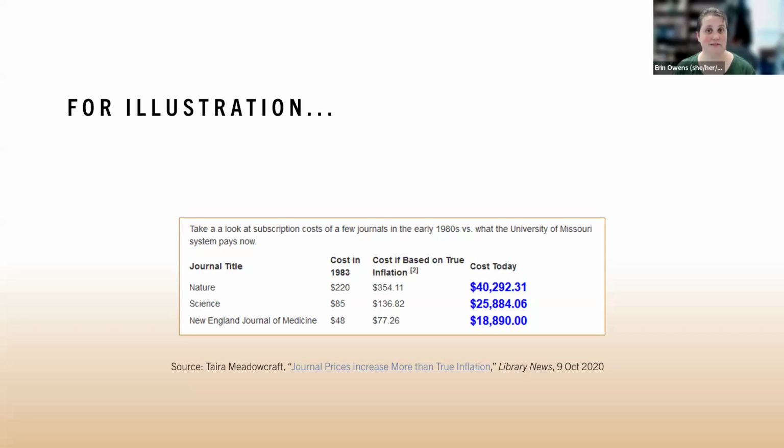While we might expect a subscription to have increased to $136 based on inflation, in reality, it costs more than $25,000 in the University of Missouri's system in particular. This should really drive home how much these prices have gone up and how difficult it becomes for any one institution to fund all of the possible journals their researchers might need.